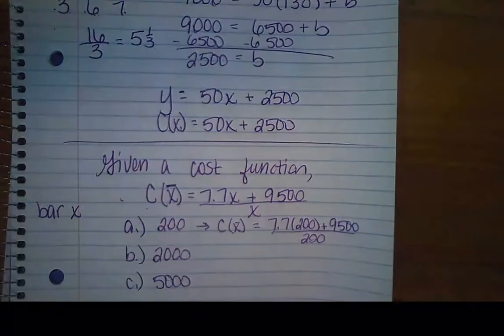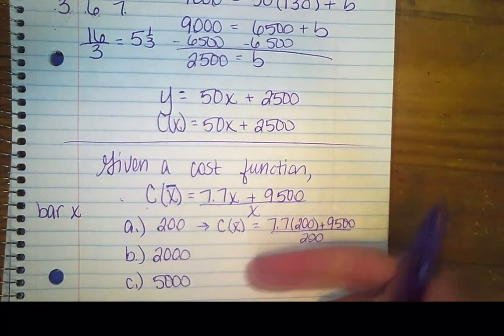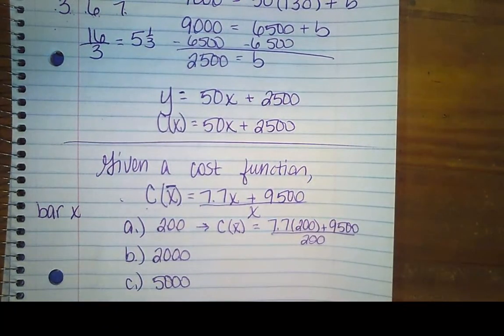So on my calculator, this part is familiar. The new part is divide it. I'm doing this on my cell phone because my daughter stole my calculator. So 7.7 times 200 plus 9,500 is 11,040. That was my cost function.